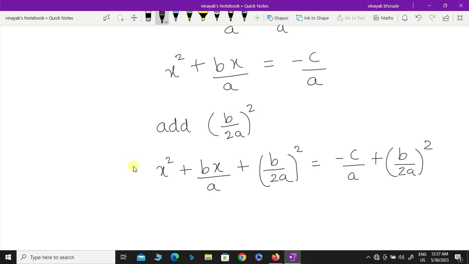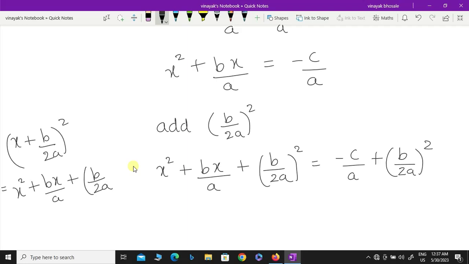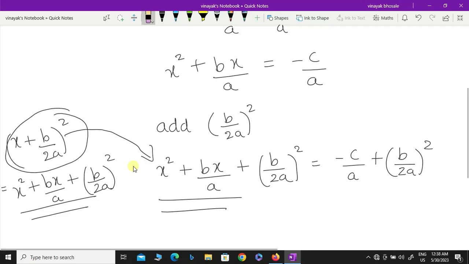Okay, so let's say we have this term, x plus b by 2a whole squared. If you expand this term, we will get x squared plus bx by a plus b by 2a whole squared. This term is exactly equal to this term, right? So in place of this term, we can replace it with this term. Okay. All right. So let's quickly do that.